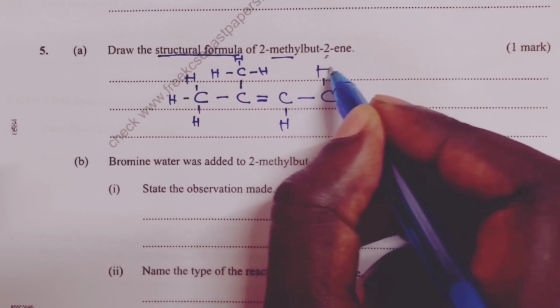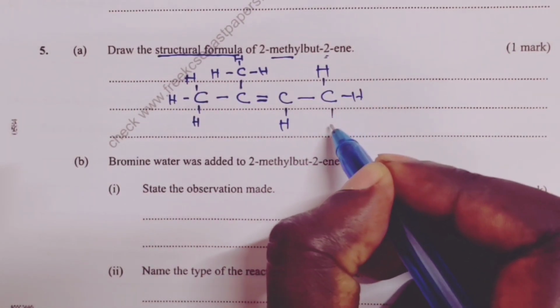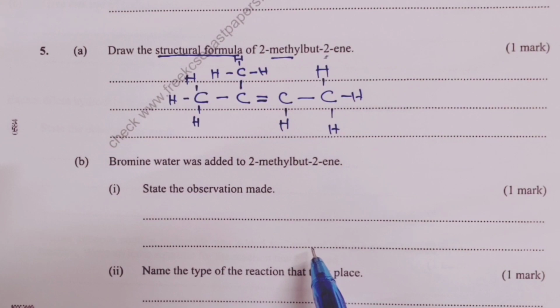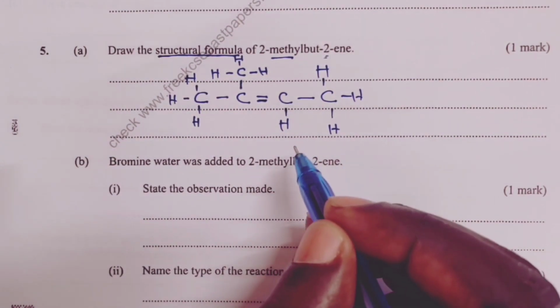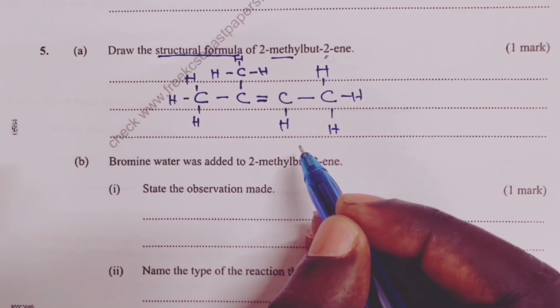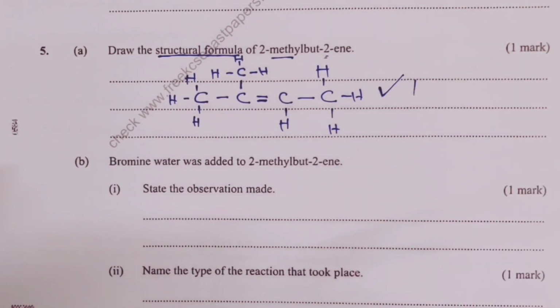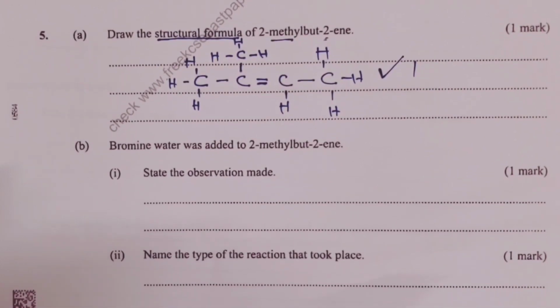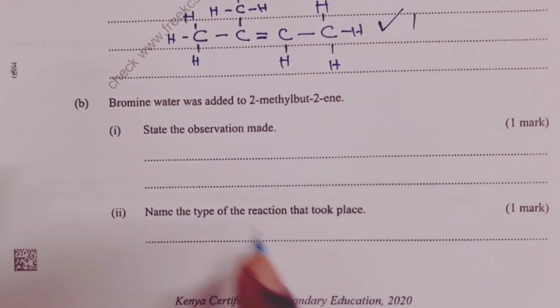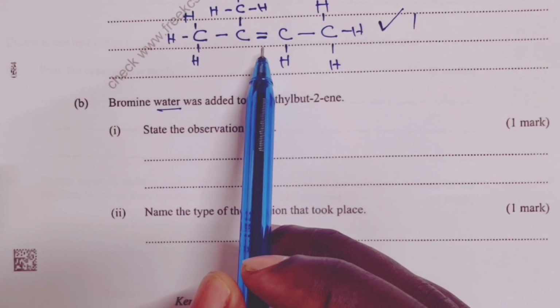So here we are. This would be now the complete structure for 2-methyl-but-2-ene for 1 mark.